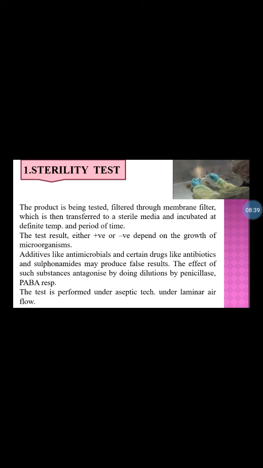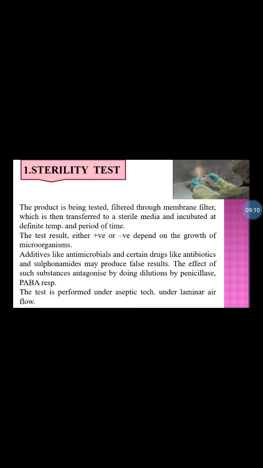The nutrient medium must be sterile and able to produce microbial growth in it. If the test for sterility shows no microbial growth, the product is considered to be sterile. If the test shows microbial growth, the test is repeated twice or thrice to check for accidental contamination.